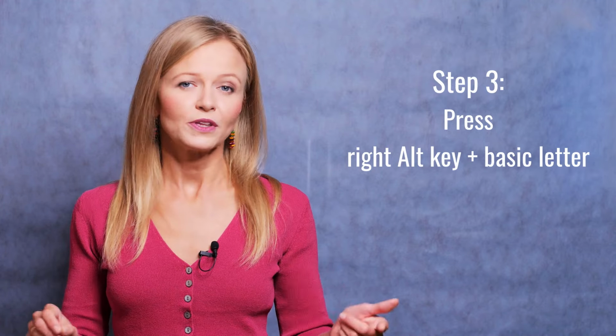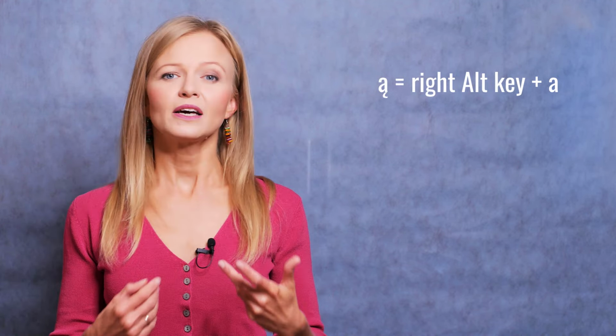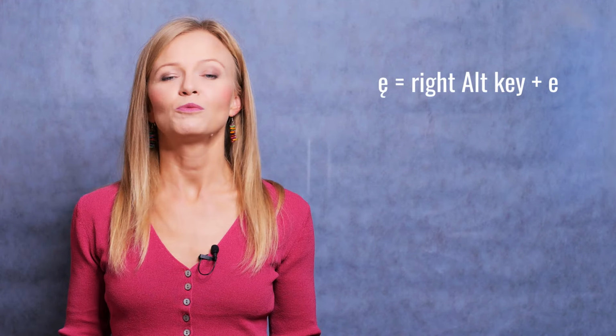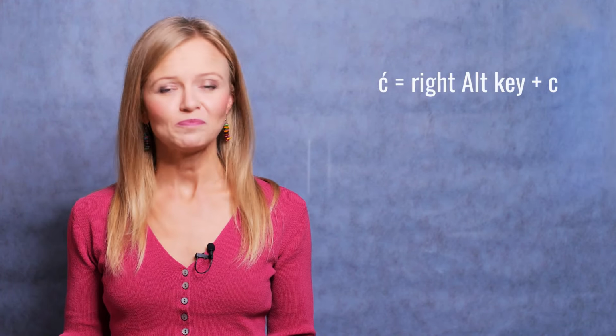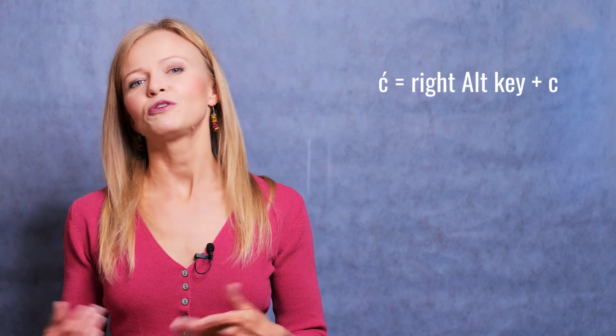So for example, if you want to type ą, press right Alt and A. If you want to type ę, press right Alt button and E. If you want to type ć, press right Alt button and C. If you want to type ł, press right Alt button and L. And the same with all other letters.